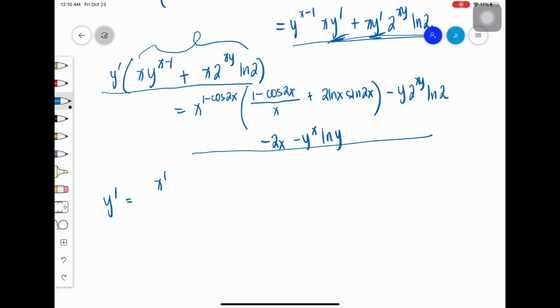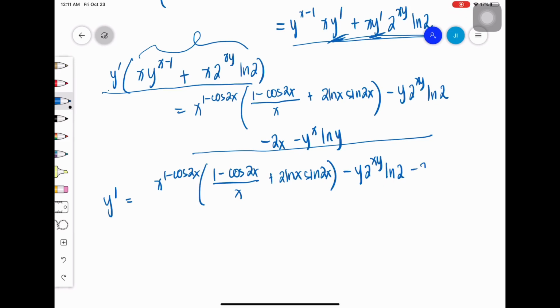Okay na tayo dyan. Times 1 minus cosine 2x all over x plus 2 ln x sine 2x minus y 2 raised to xy ln 2 minus 2x minus y raised to x ln of y.